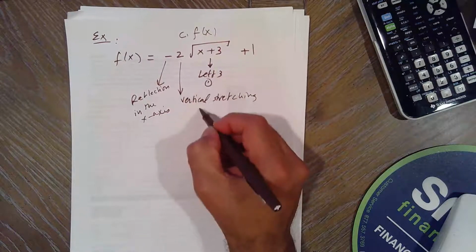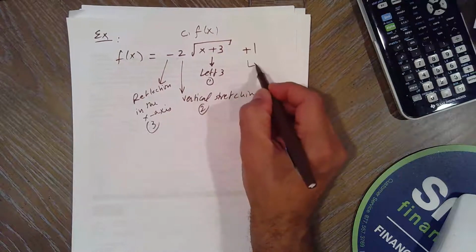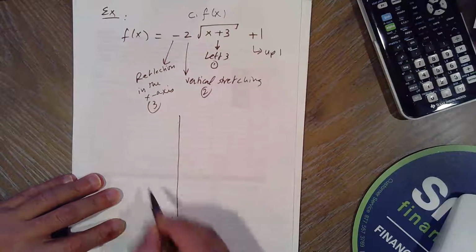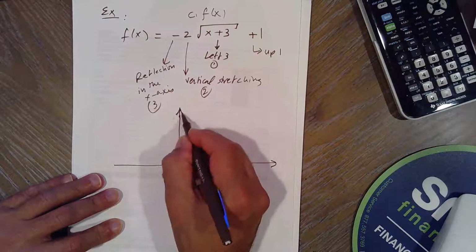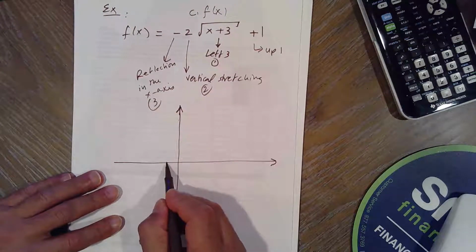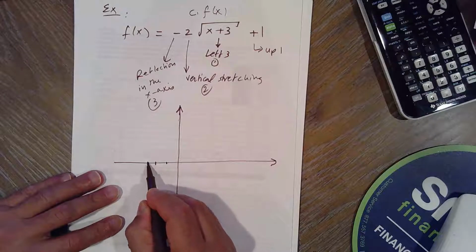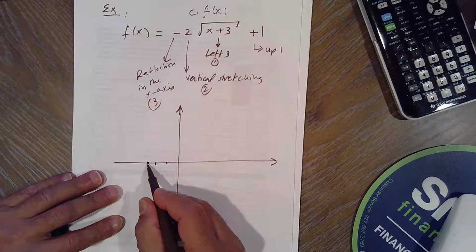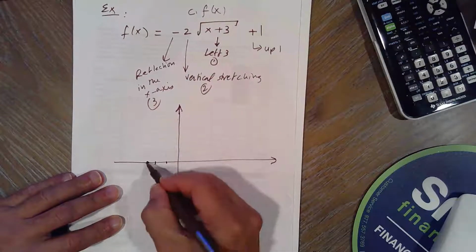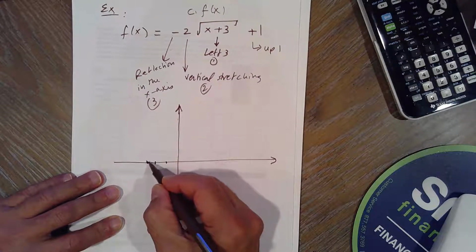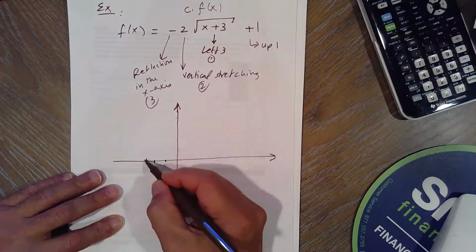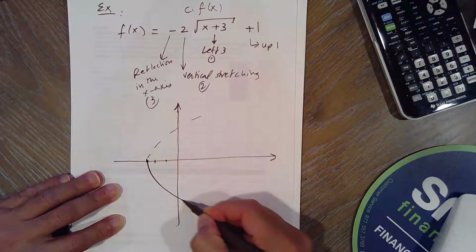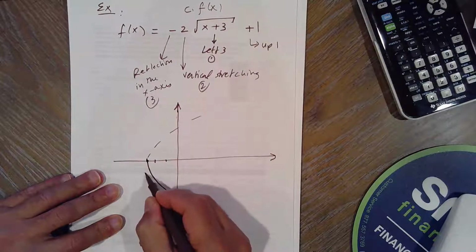And this is up 1. So in that order, start with left 3, and then vertical stretch. So instead of being like this, it's going to go higher, vertical stretching, and then reflecting in the x-axis. So instead of going this way, it's going to go that way, but then up 1.